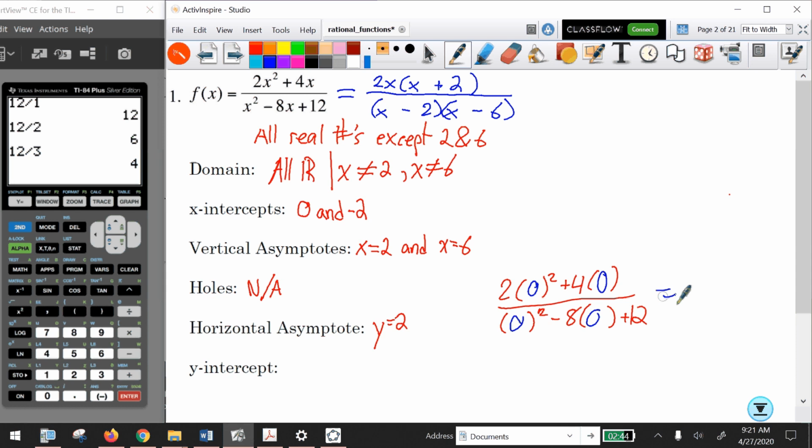All right, so the numerator is going to equal 0. 0 squared is 0, times 2 is 0, plus 4 times 0 is 0. In the denominator, 0 squared is 0, 8 times 0 is 0, 0 minus 0 is 0, plus 12 is 12. So we have a y-intercept at 0. So this is going to cross the origin.